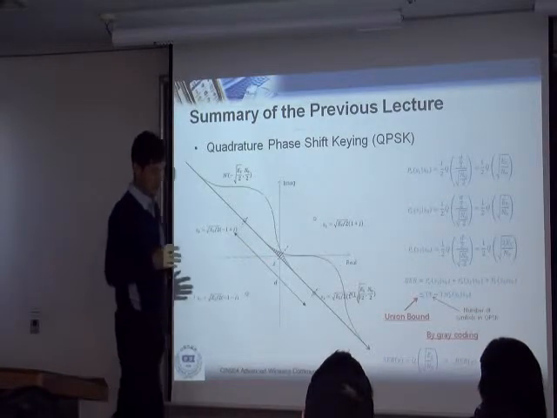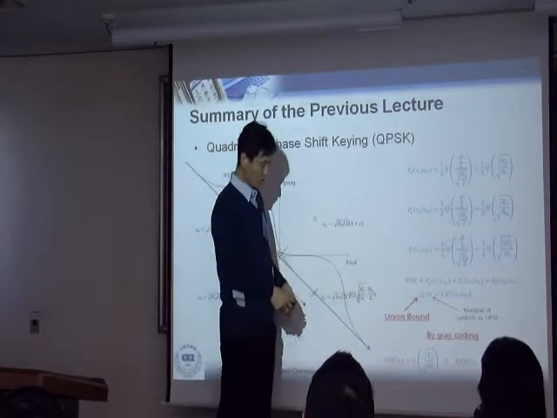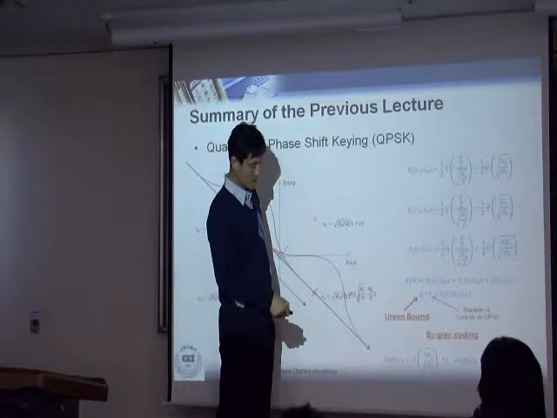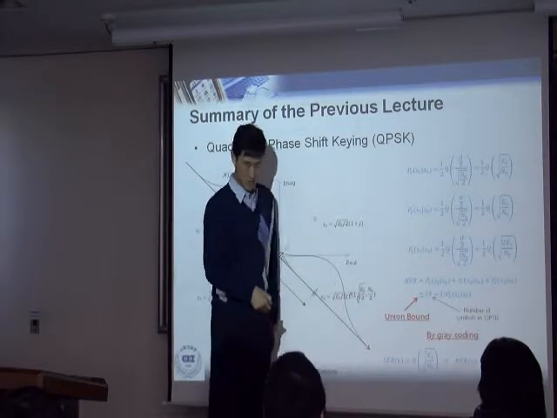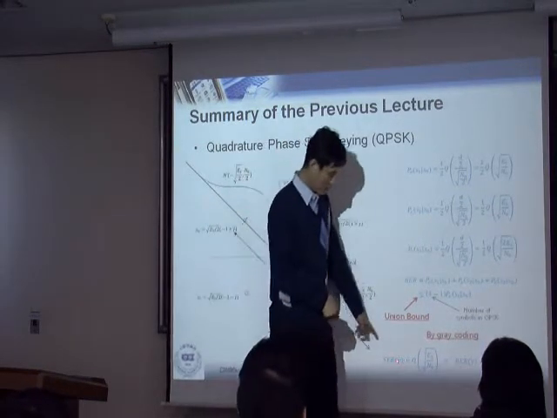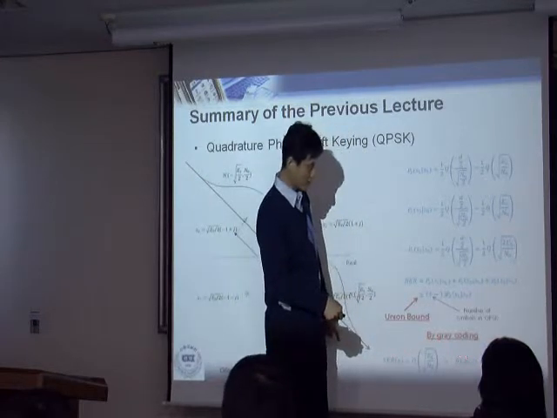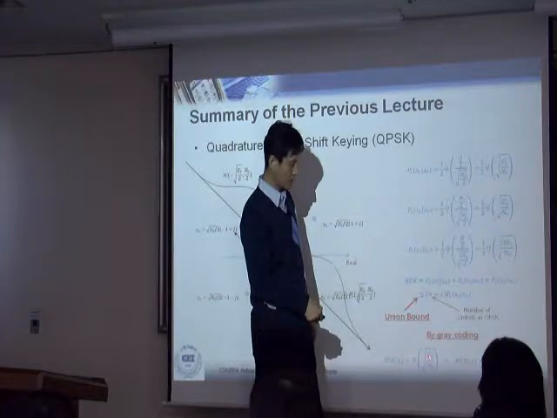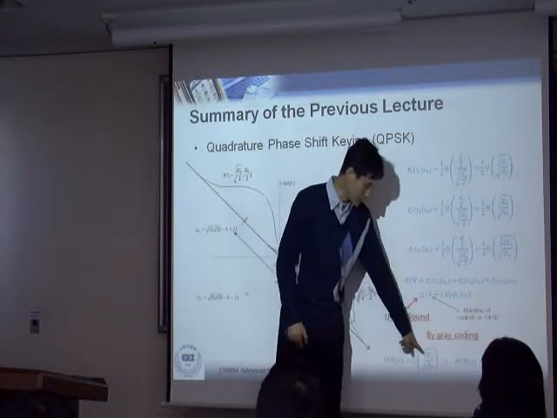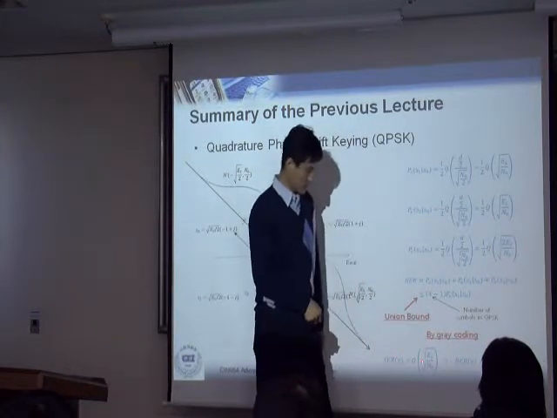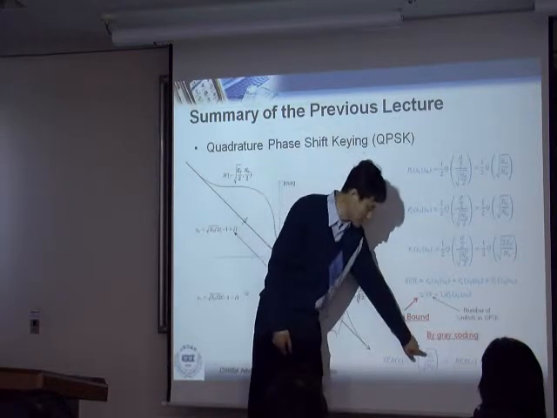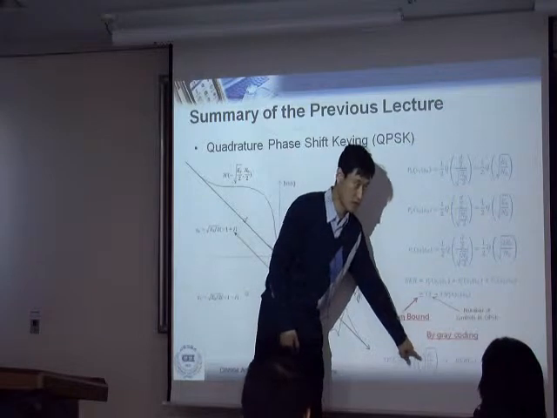So what is important is that when you talk about symbol error rate and bit error rate, the error rate depends on the energy, right? Look at this one. The symbol error rate is a Q function of symbol SNR. Because you see that Es, that's the symbol energy.